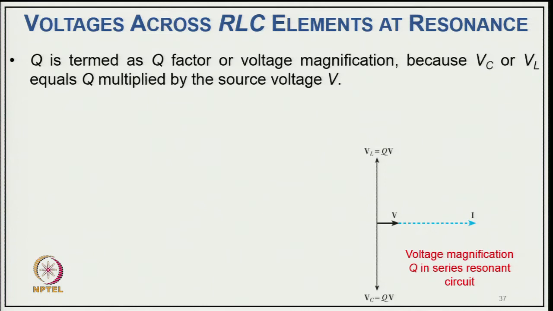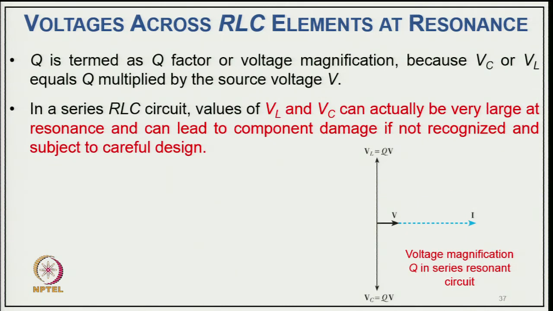So, Q is termed the quality factor or voltage magnification, because V_C or V_L equals Q multiplied by the source voltage. In a series RLC circuit the values of V_L and V_C can actually be very large at resonance and can lead to component damage if not recognized and subjected to careful design.